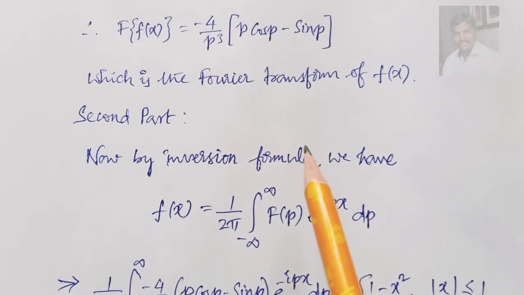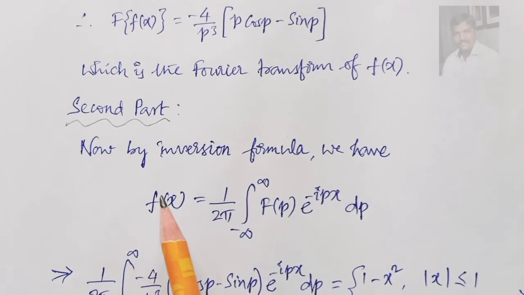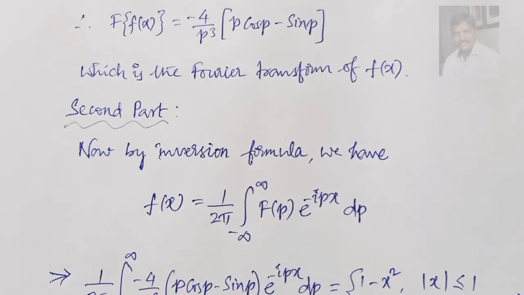Now the problem is not over. This is the second part. Whenever these problems ask to evaluate some integrals, you have to think that we have to use the inverse Fourier transform formula.